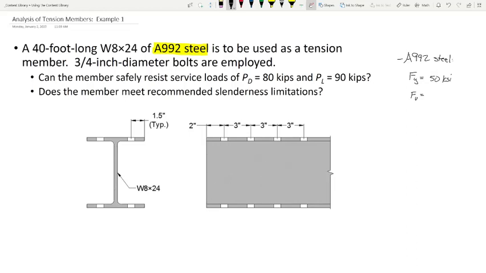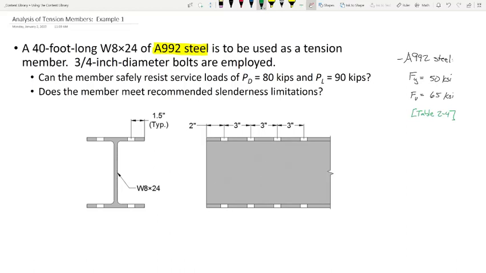And what is Fu? 65. All right, and you found that in Table 2-4. So notice how I'm placing references for every data point that I look up from the manual, okay? And I'm going to try and be diligent on that as we do problems in this class so that you understand where I'm getting stuff, that I'm not just making this stuff up, okay?